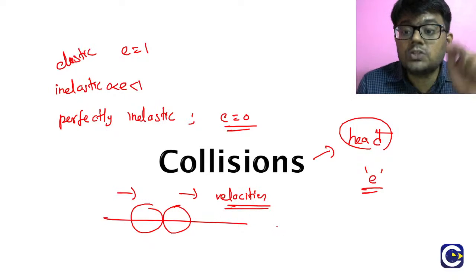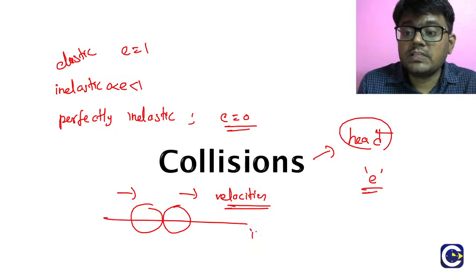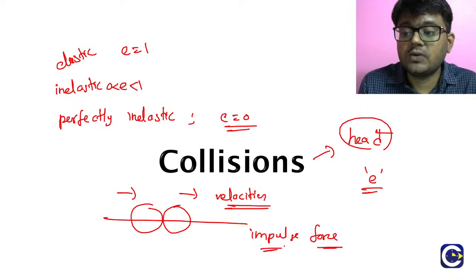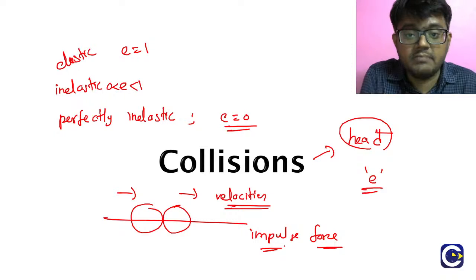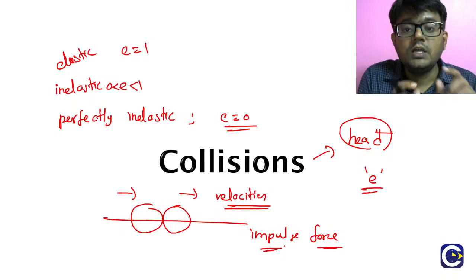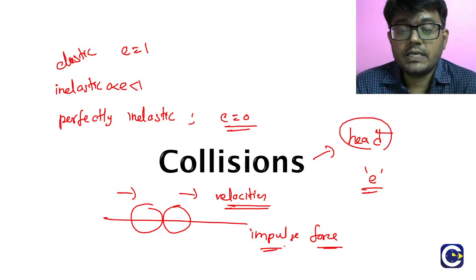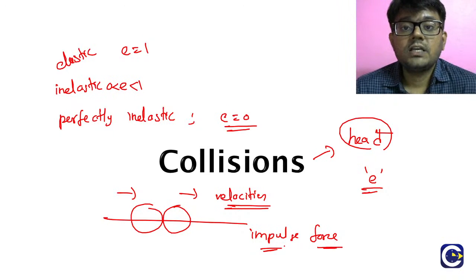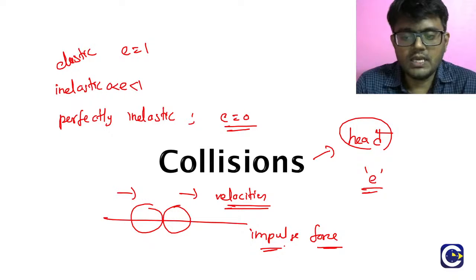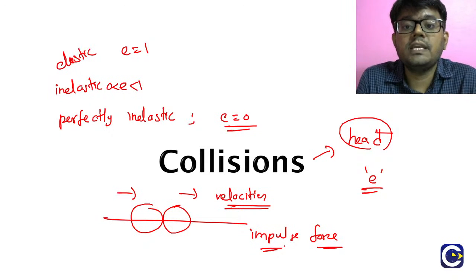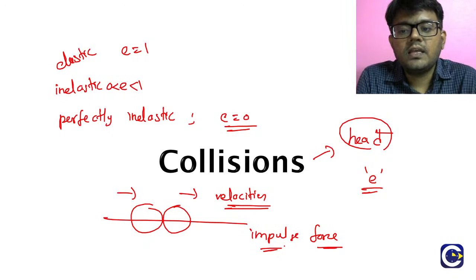That is also the line along which the impulse force, the collision force, will be acting. So the coefficient of restitution is a good measure for the impact of the collision. Therefore it has more meaning in analyzing head on collisions.